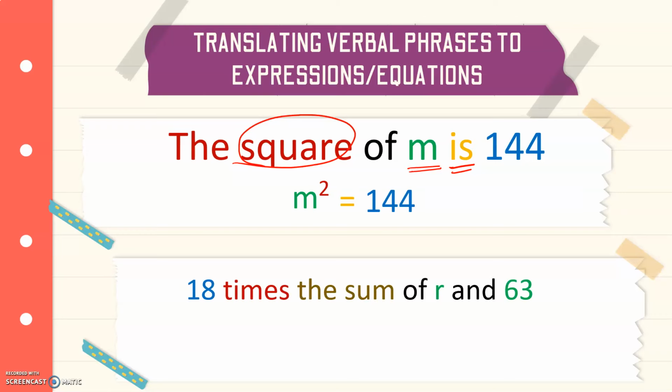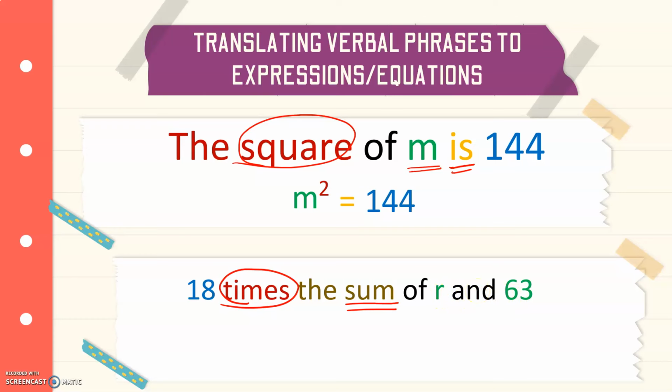Another one, this will be our last example, 18 times the sum of r and 63. We have here two operations involved. We have multiplication because of the keyword times and addition because of the keyword sum. According to the statement, we will multiply 18 to the sum. Sum of what number? Sum of the numbers r and 63.